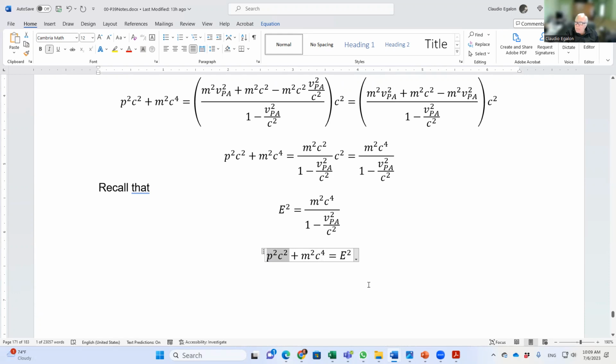Very important relation. And we can even represent this relation as a right angle triangle: P is one side, mc squared is another side, and E is the hypotenuse.